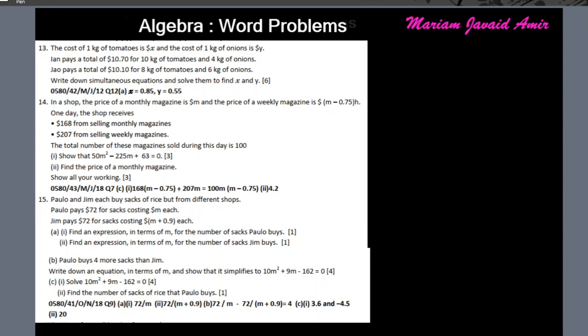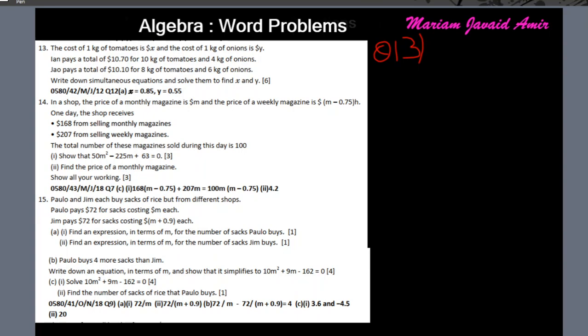Okay, question number 13, which says, just a second, question 13, yes, alright. So the cost of 1 kg of tomatoes is $x and the cost of 1 kg of onion is $y.